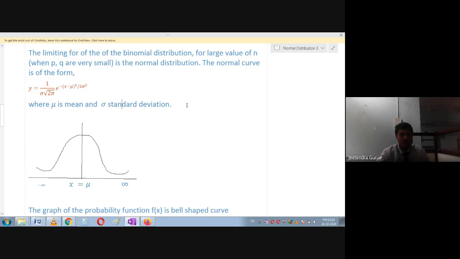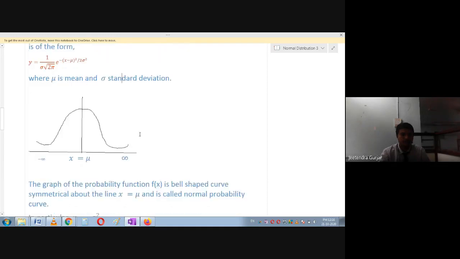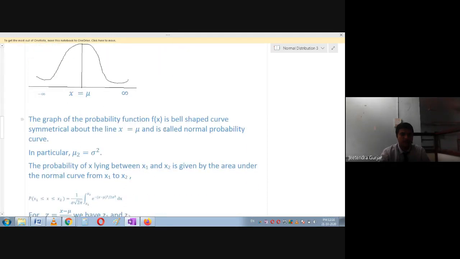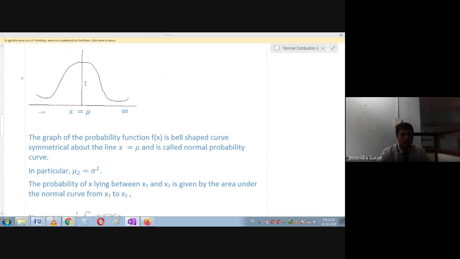This is the normal curve equation. The graph of the probability function f of x is a bell-shaped curve symmetric about the line x is equal to mu. You have to remember this is symmetric.